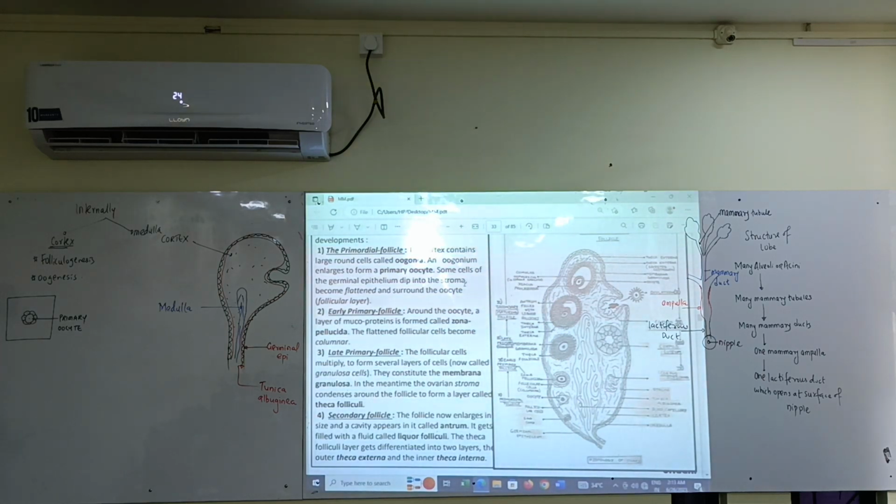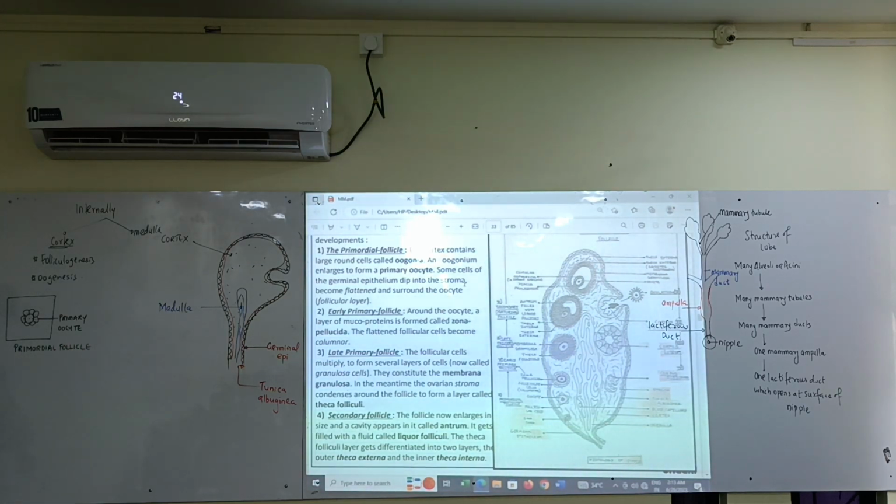Got my point? Gradually, these cells become columnar. Okay? And now this structure is called the primordial follicle. What do you call the structure?